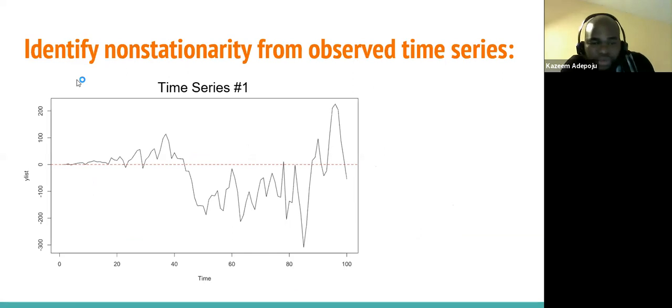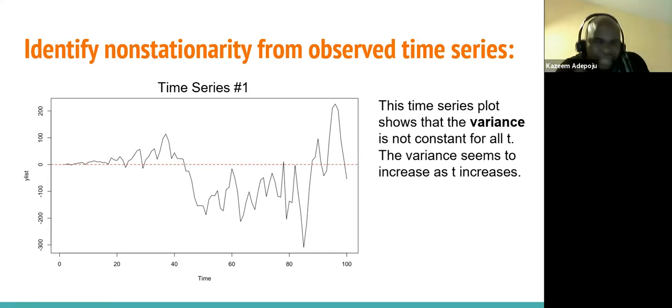Now, if you take a look at this time plot, we can actually identify non-stationarity. And what do we mean by non-stationarity? Non-stationarity is going to tell us that we're getting a different mean and different variances.